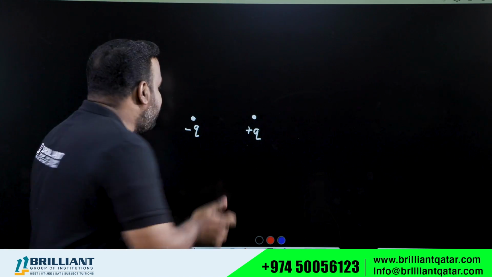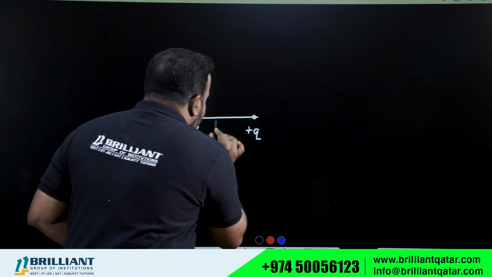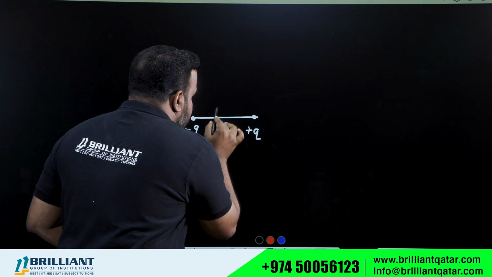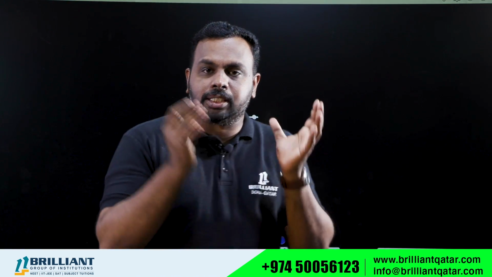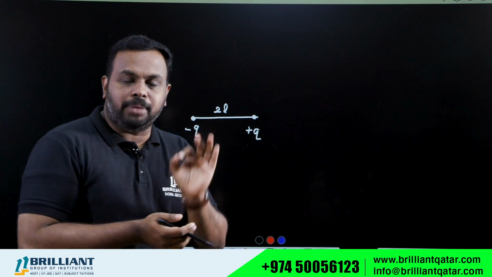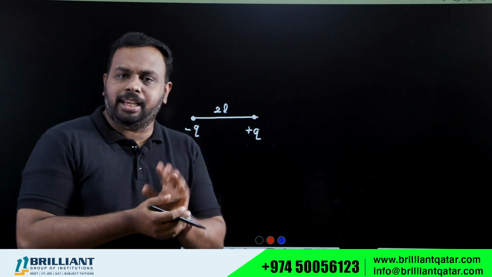Normally the length of the dipole, the distance between the two charges, is represented by 2L or 2A. The strength of a dipole is indicated by the physical quantity called electric dipole moment.